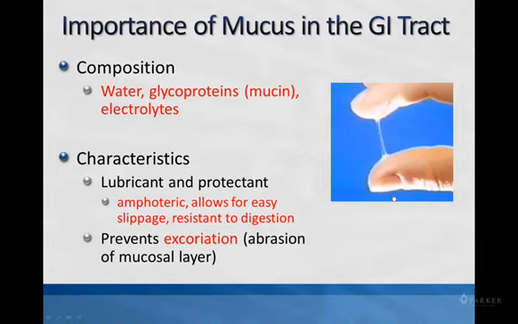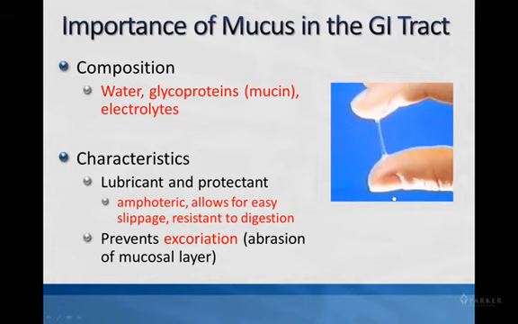It is also relatively resistant to digestion, so if this is coating the mucosal lining throughout the GI tract, it protects the mucosal lining from digestion itself in parts of the GI tract that have digestive enzymes. It also protects the mucosal lining from what we call excoriation. Excoriation is just physical wear and tear, or abrasion, of the mucosal layer. This is not the same thing as protecting against acids or digestive enzymes.